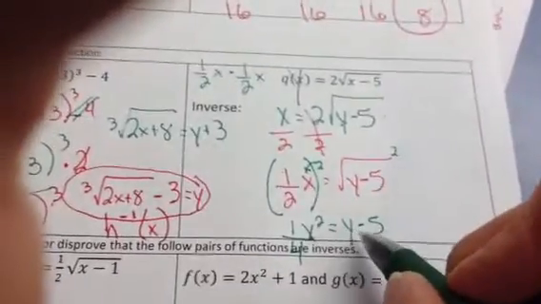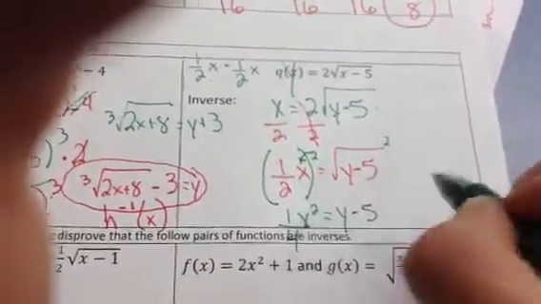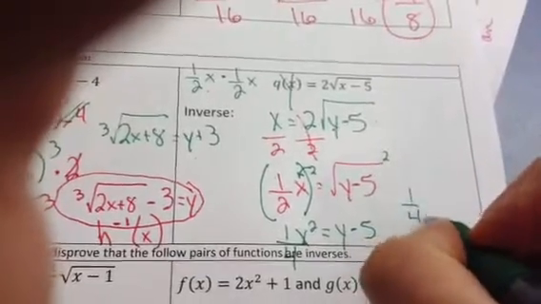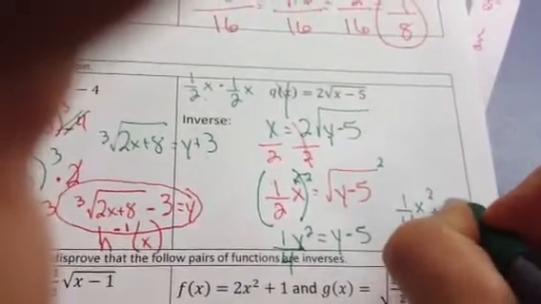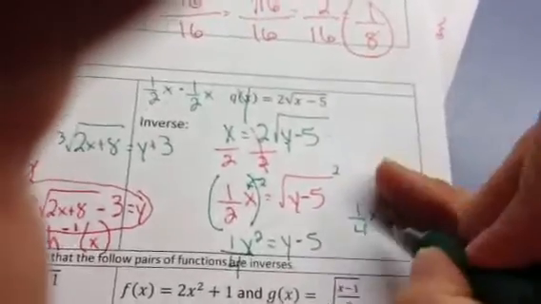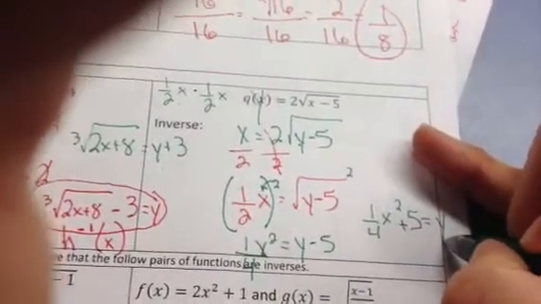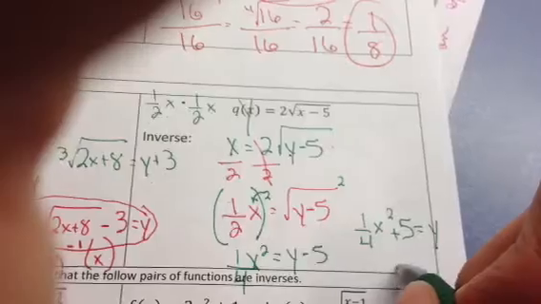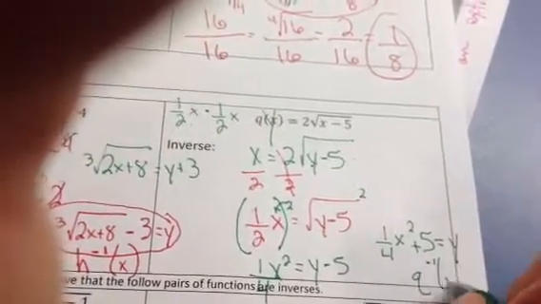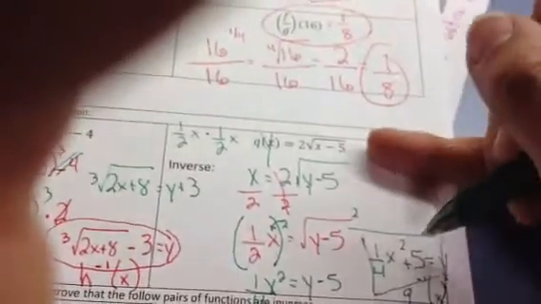And now to get y by itself, I just add 5. So I'm going to add 5 to this side. It doesn't get to add with anything because they're not like terms. And I have it equaling y. Again, you could change that into the inverse format with the -1. But regardless, this is my answer.